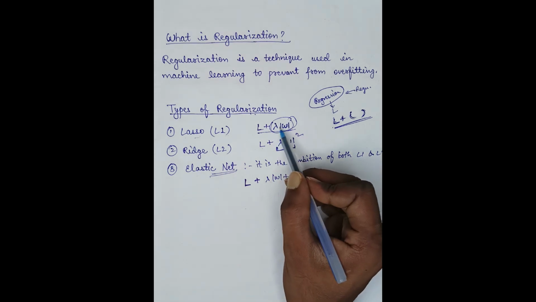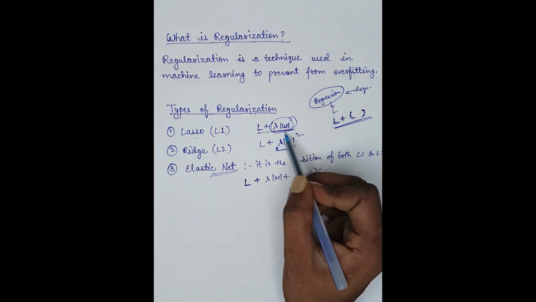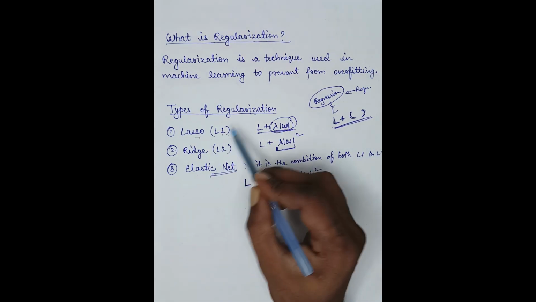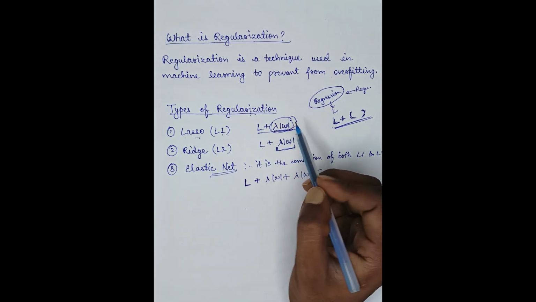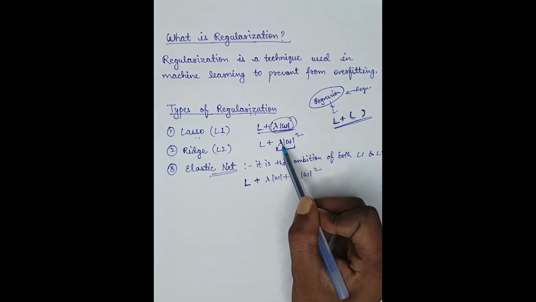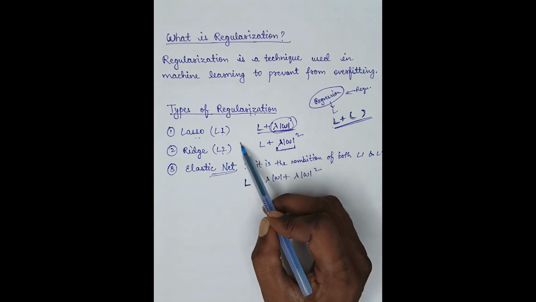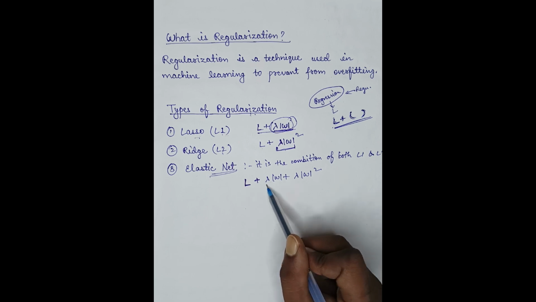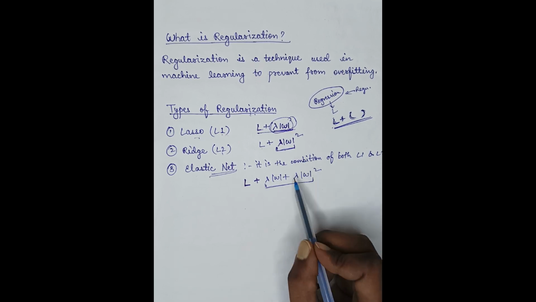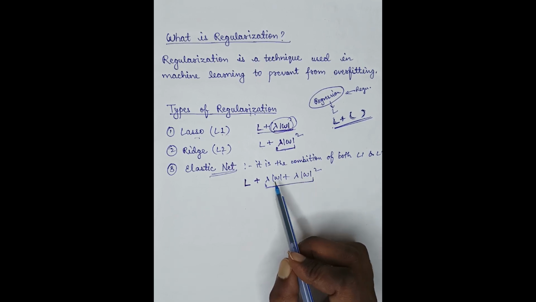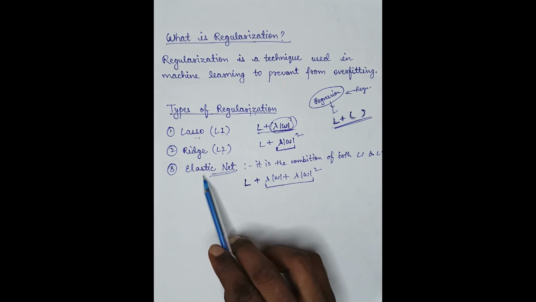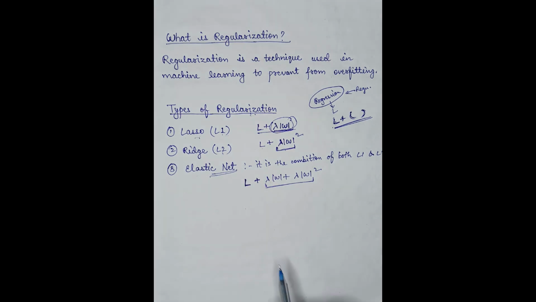If we add the L1 term, then we are using lasso or L1 regularization on the model to reduce the overfit. If we add the L2 term, then we are using ridge regularization on that model. And if we use both L1 and L2, we call it elastic net regularization.